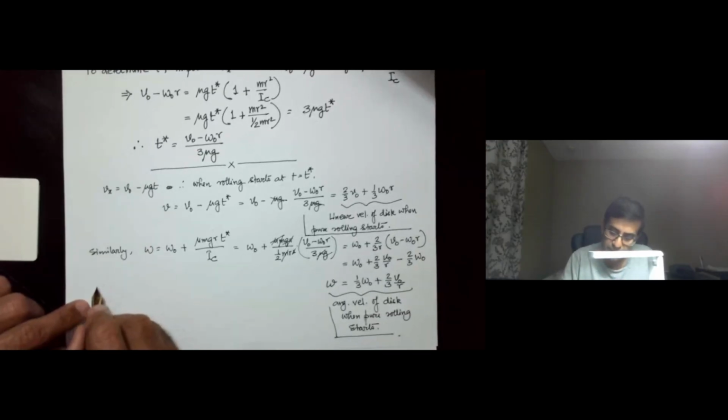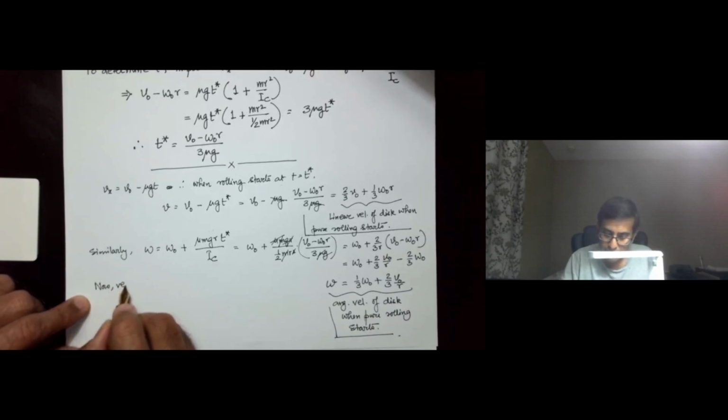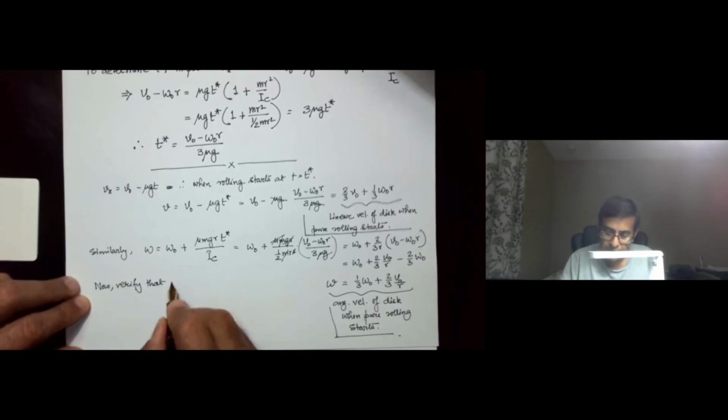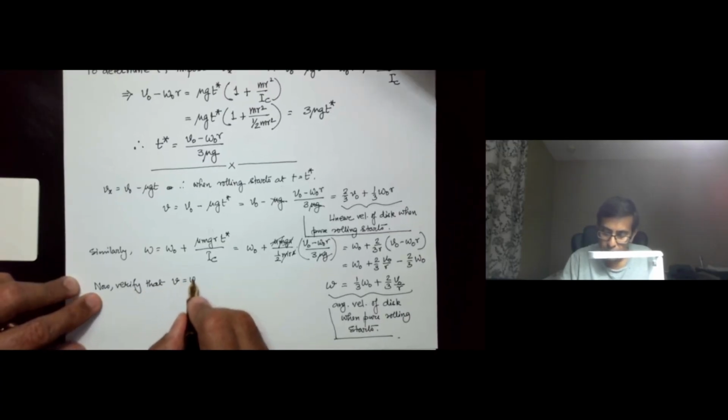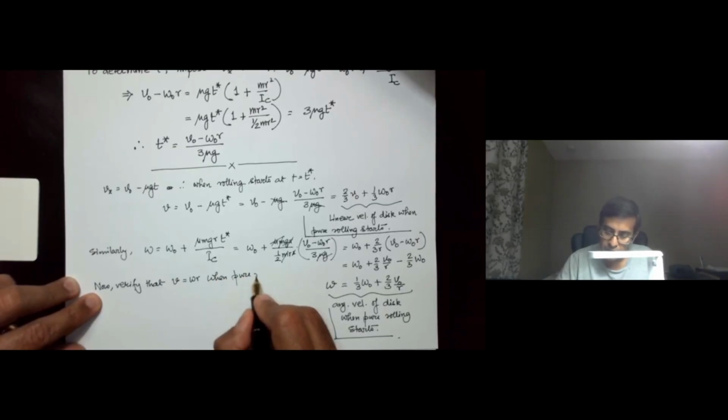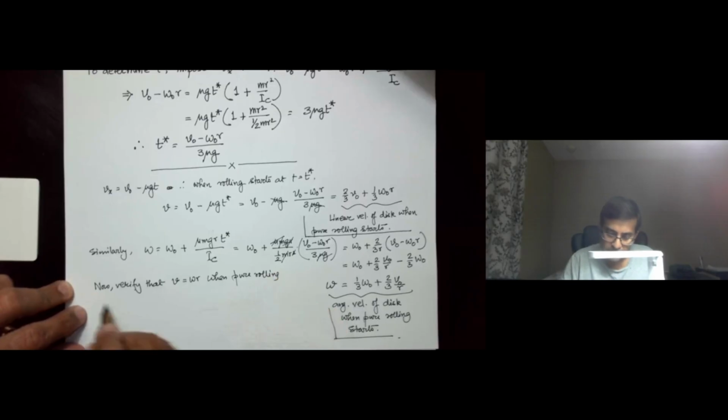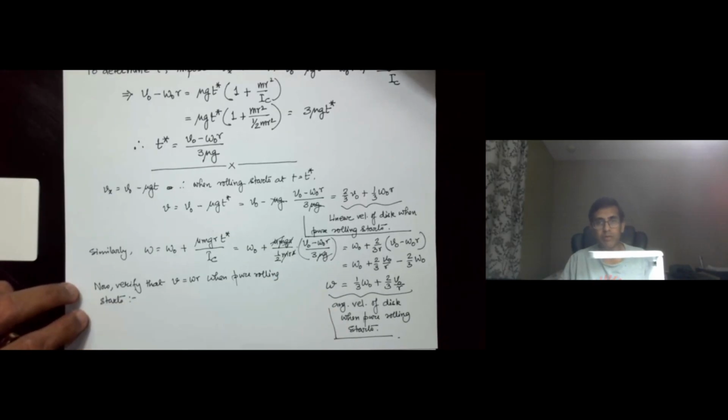Right, and now we verify that v is equal to omega r when pure rolling starts. We need to verify that indeed when the pure rolling starts, the linear velocity is equal to omega times r.